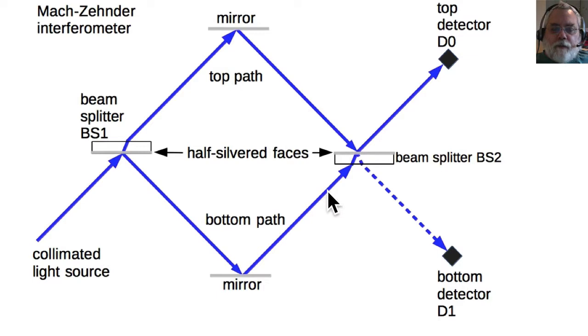Both the top path and the bottom path will interact with beam splitter 2. Each will be split in two again, so that some of the intensity goes toward this top detector D0, and some of the intensity goes toward the bottom detector D1.